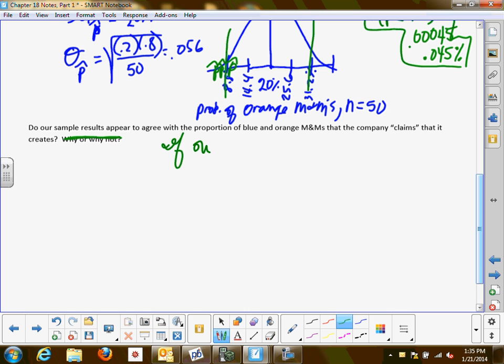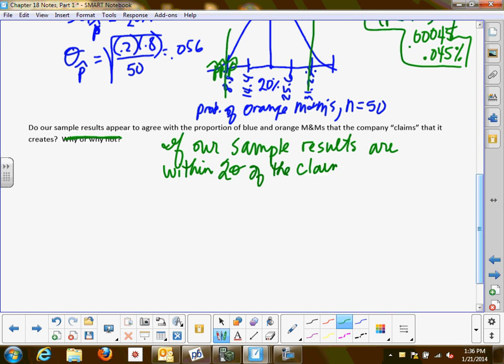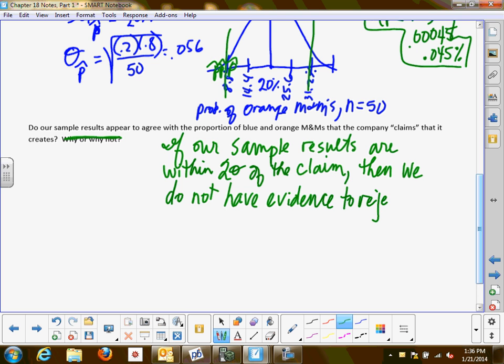If our sample results are within 2 standard deviations of the claim, then we do not have evidence to reject the claimed number.